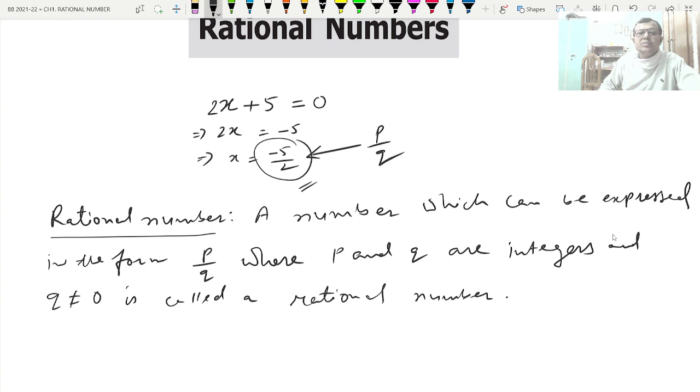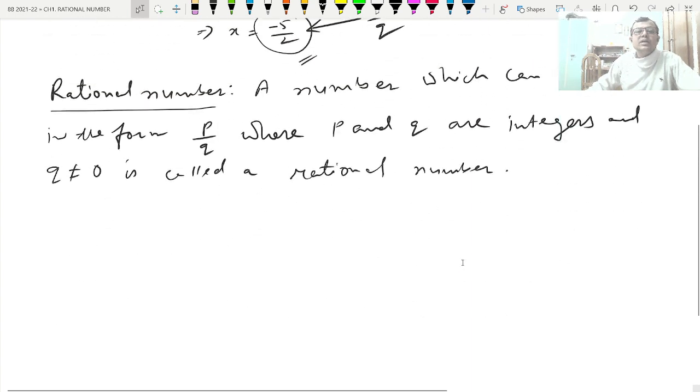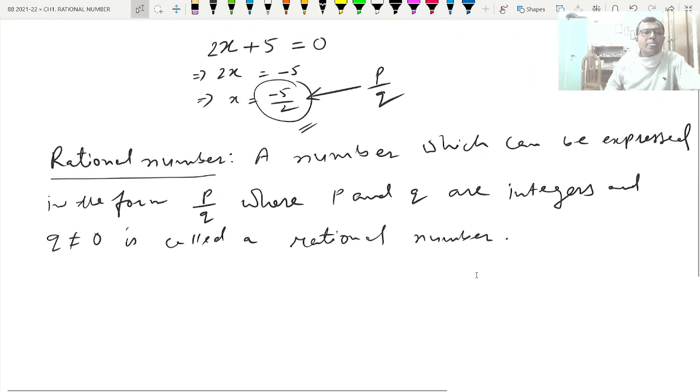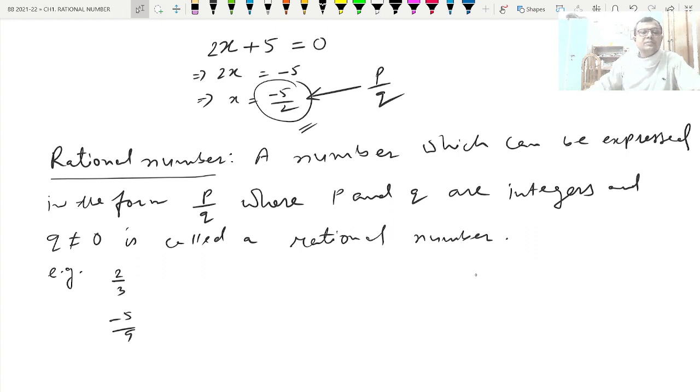You see, this is in p/q form. All right. So it is a rational number. Okay. So a number which can be expressed in p/q form is called a rational number. So the numbers like, for example, 2/3, -5/9.